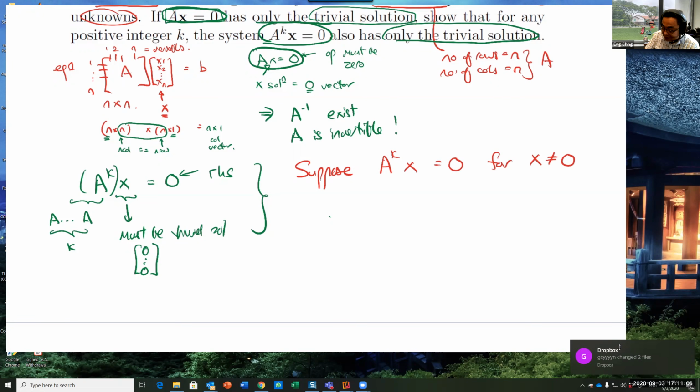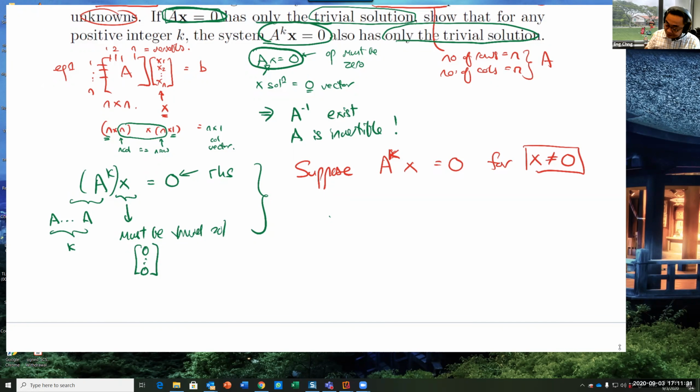But we start from the opposite way. We are saying that no, we can find X that is not equal to 0, but yet A^k times a nonzero X can still be 0. And of course, if we show that this is false, then we get what we want.